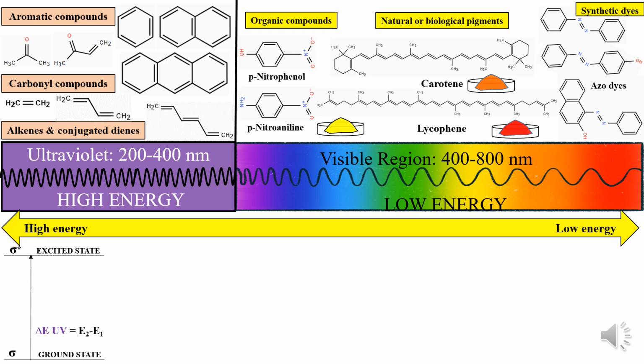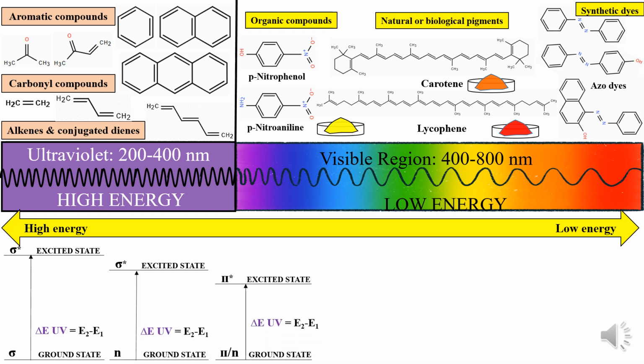So sigma to sigma star transition, n to sigma star transition, and n to pi star or pi to pi star transition are generally observed in compounds that absorb in the UV region, because you can see the energy gap is so large between the ground state and the excited state that these compounds absorb in the UV region.